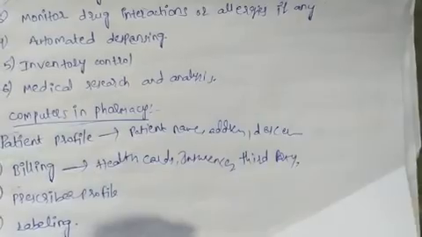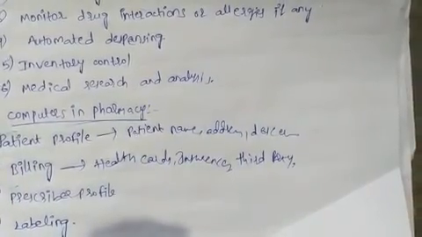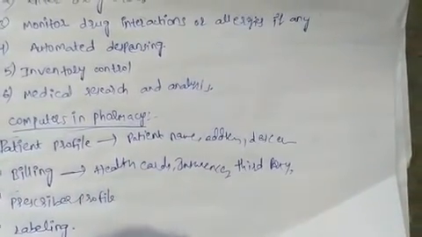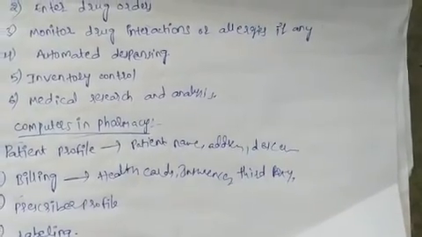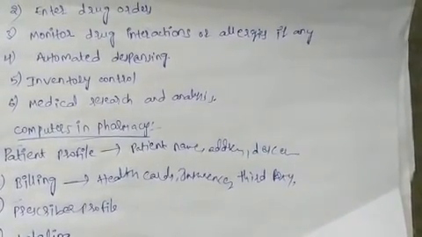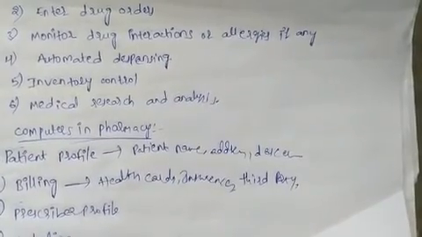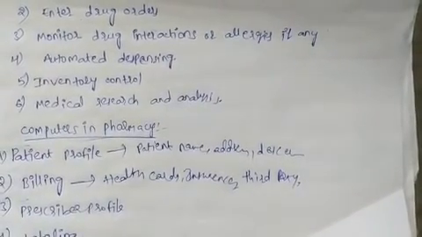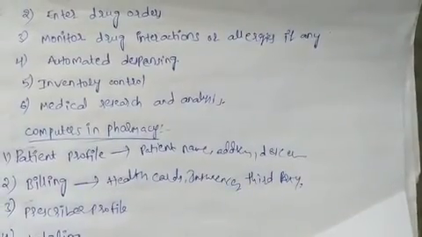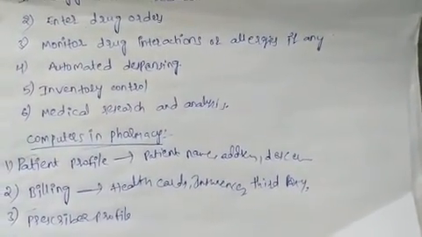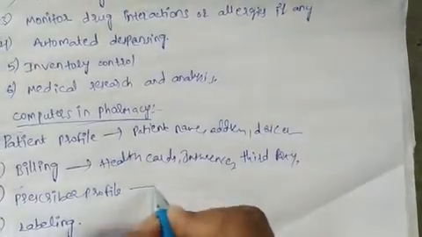If some RMP doctors or others bring the patient to the hospital, that third-party person asks for some money or percentage, and I give some percentage of money, 1%, 2%, 5% or 10%, to the third person. That is called the billing.